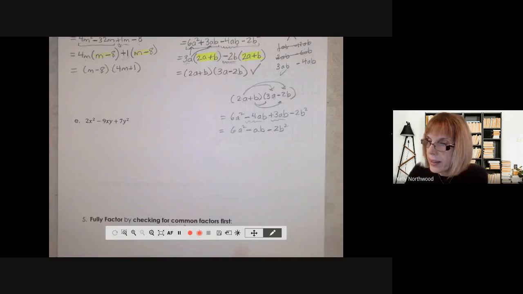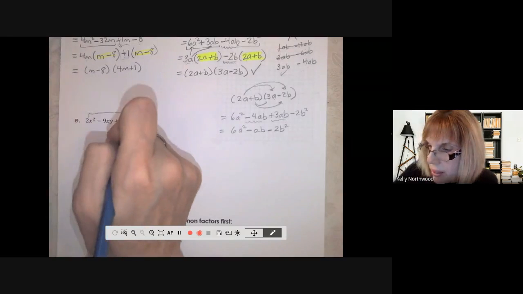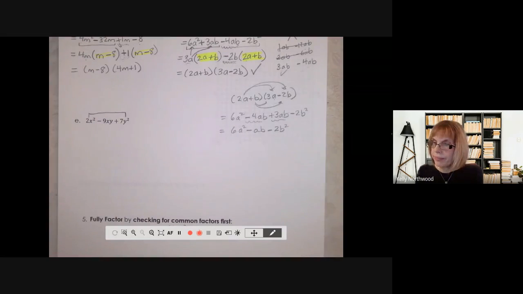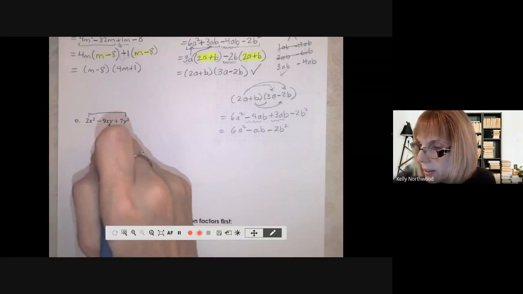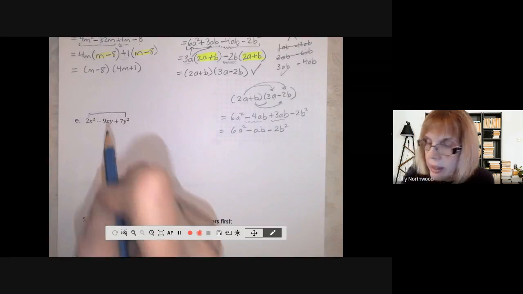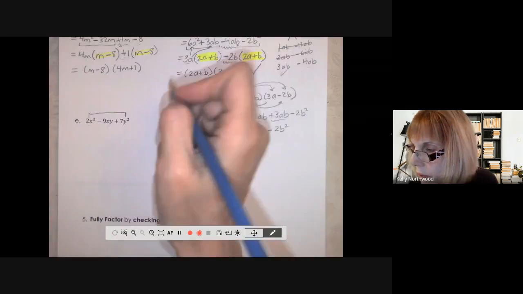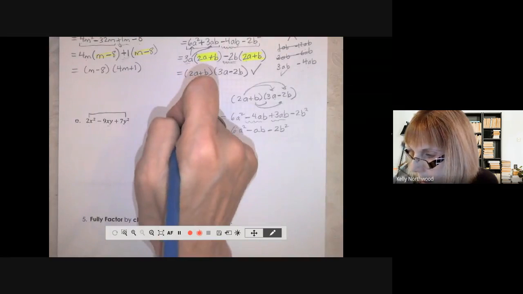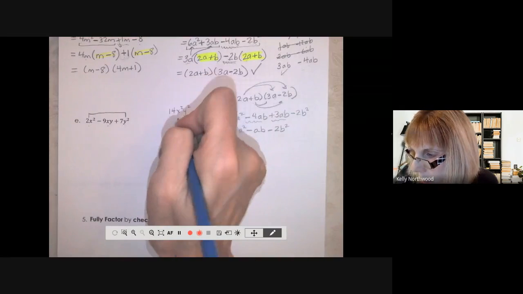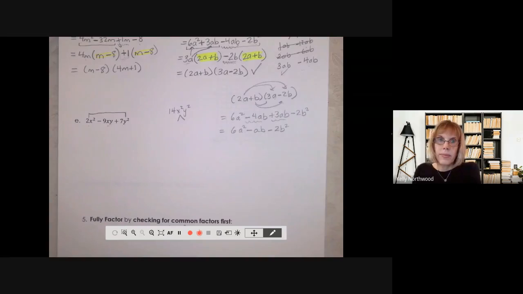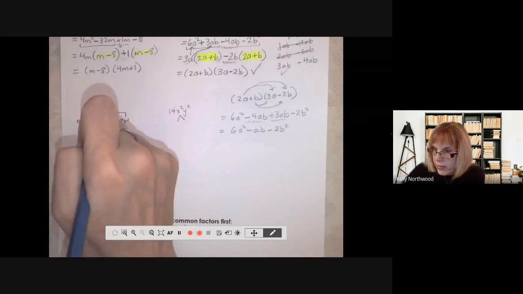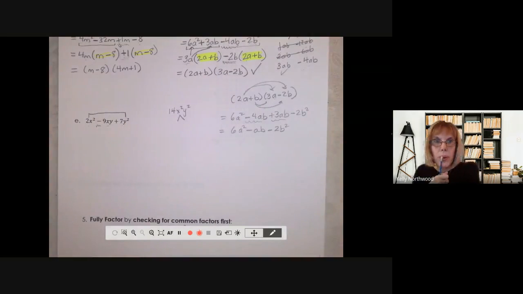E, so similar, where we've got the two variables: the y squared at the end and the xy in the middle. So 2x squared times 7y squared is 14x squared y squared. And I want to add to a negative, but multiply to a positive, so both of my terms have to be negative.